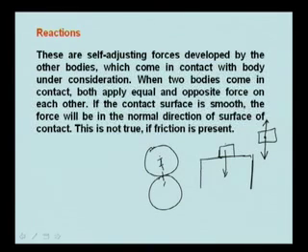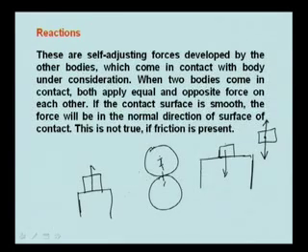When two bodies come in contact, both apply equal and opposite forces on each other, that comes from Newton's third law. If the contact surface is smooth, the force will be in the normal direction of the surface of contact, because if the contact is smooth, there is no frictional force acting here. Suppose this is a block, so no force can come from the side, only the normal force.